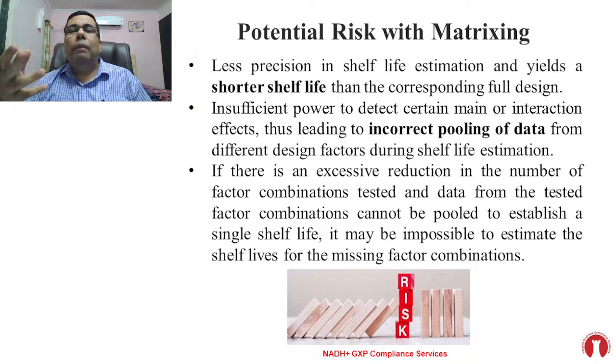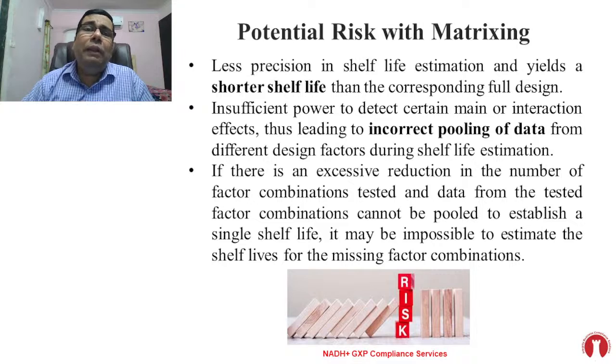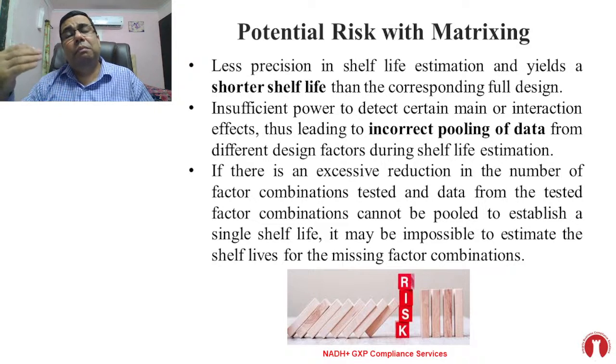And third, if there is an excessive reduction in the number of factor combinations. Whatever I have given, I have displayed as examples for the matrixing and all. These are some examples. You can follow more reduction techniques also, based on your product and all.